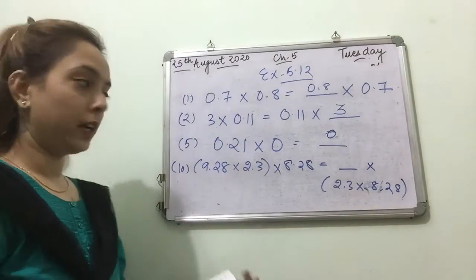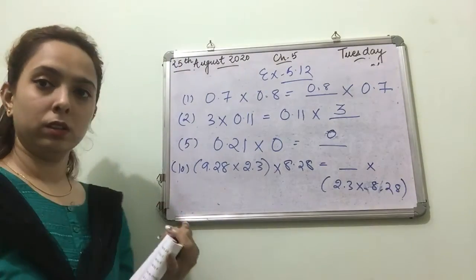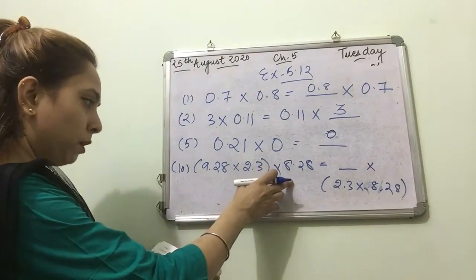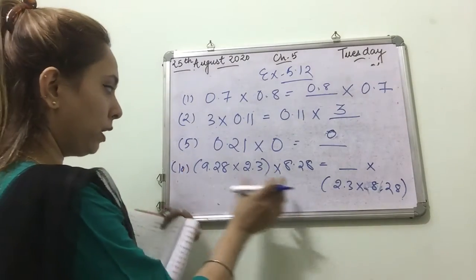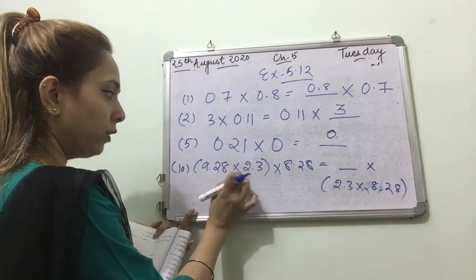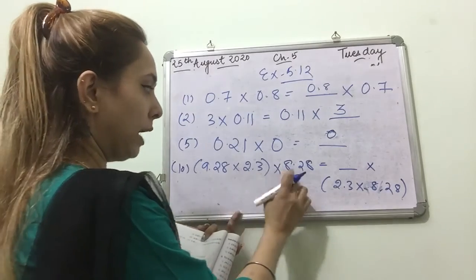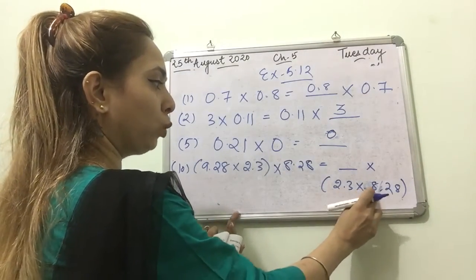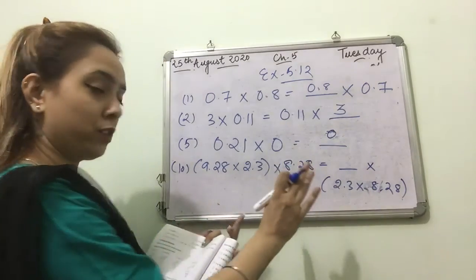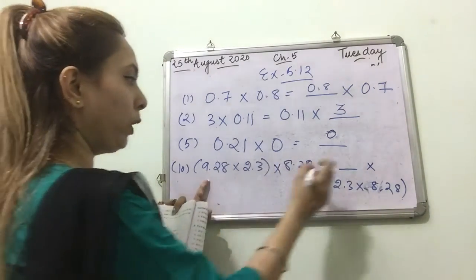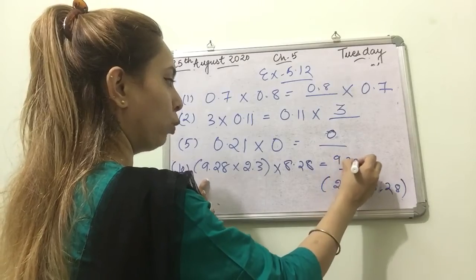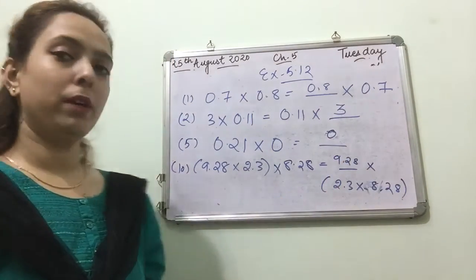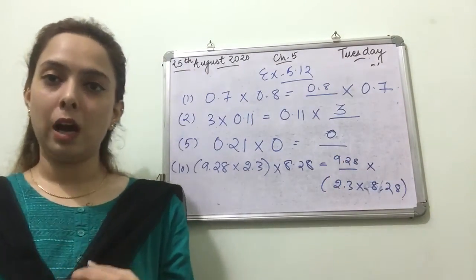So here in this case, grouping is given. This is property number 2. So here the grouping of 9.28 with 2.3 is given and 8.28 is a number. So whichever number is left, 9.28 is left, so you will write 9.28 here. So this is the simplest way of finding out the answer.